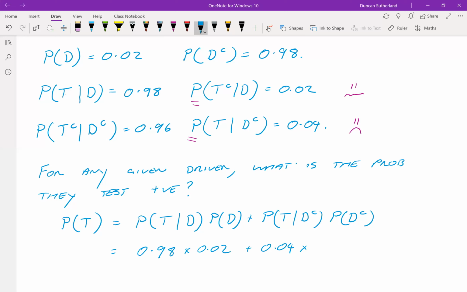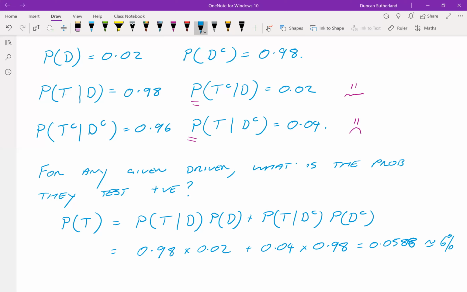Well, that's 0.98. That turns out to be 0.058. Now that's about 6%.